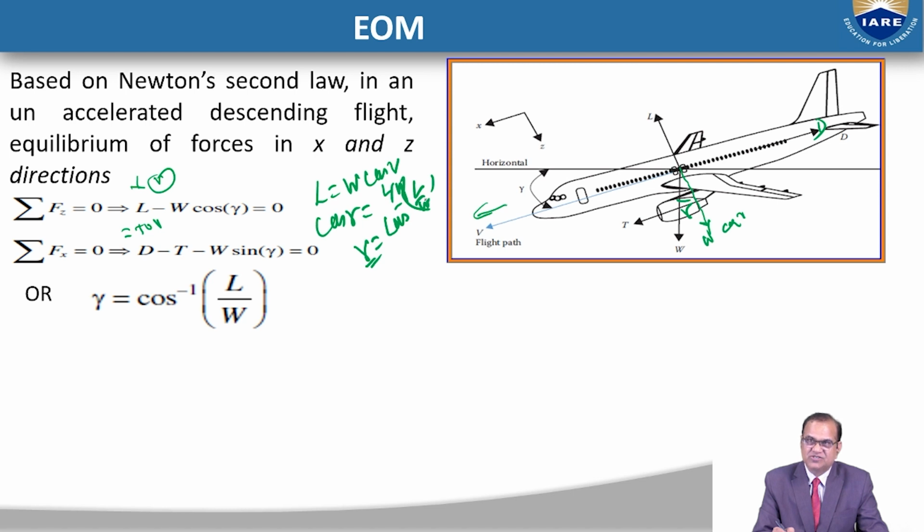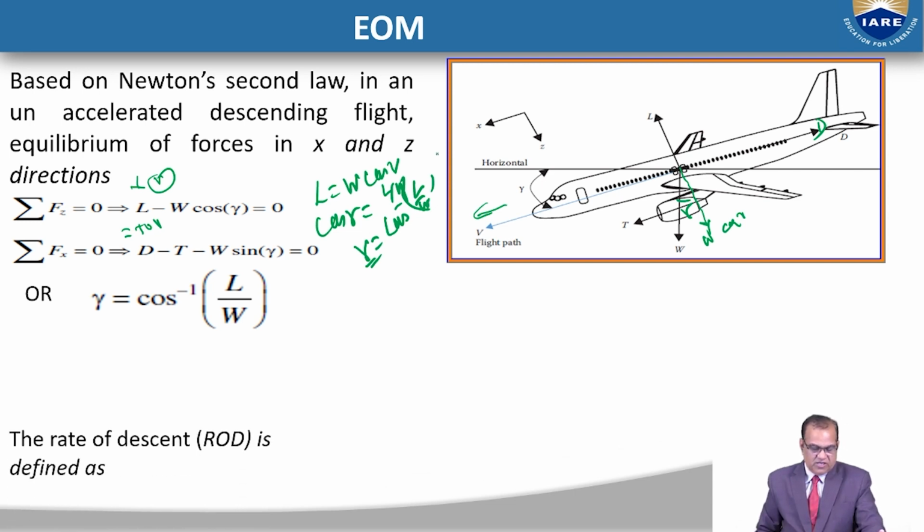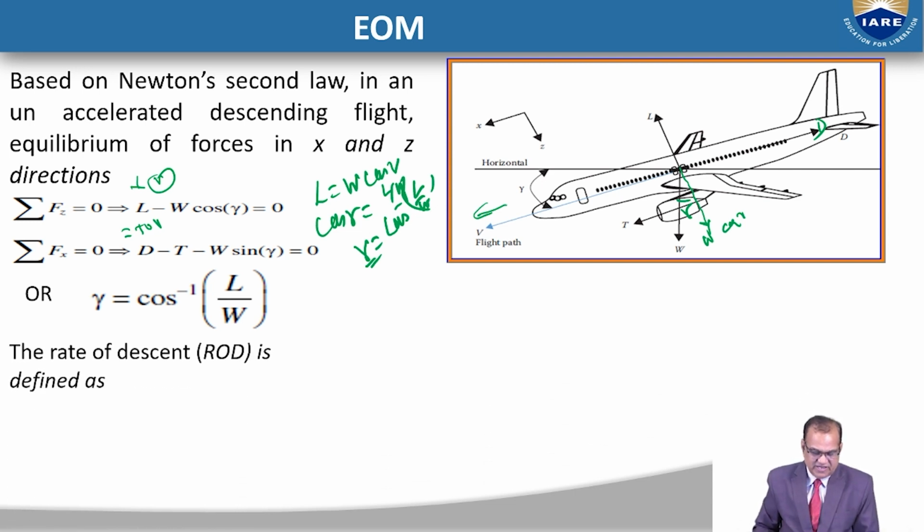If L by W is equal to 1, then cos inverse 1 is equal to 0. So it is level flight. The rate of descent, ROD, is defined as V sin gamma, that is, in that direction.